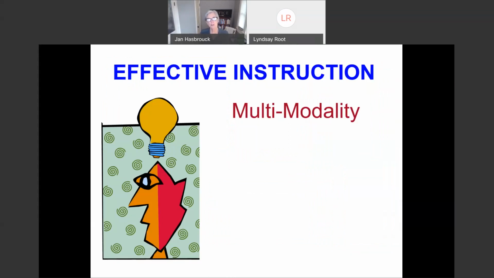Another component of structured literacy is multi-modality, and that is a fairly new word, and we're starting to use it to replace the term multisensory. It essentially means the same thing, but for a very long time there have been reading programs that were specifically designed for students with dyslexia that were systematically designed.